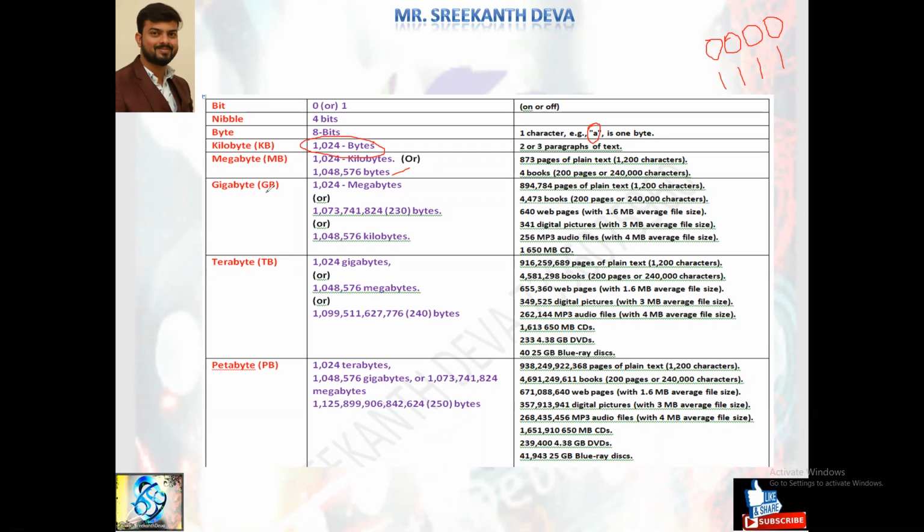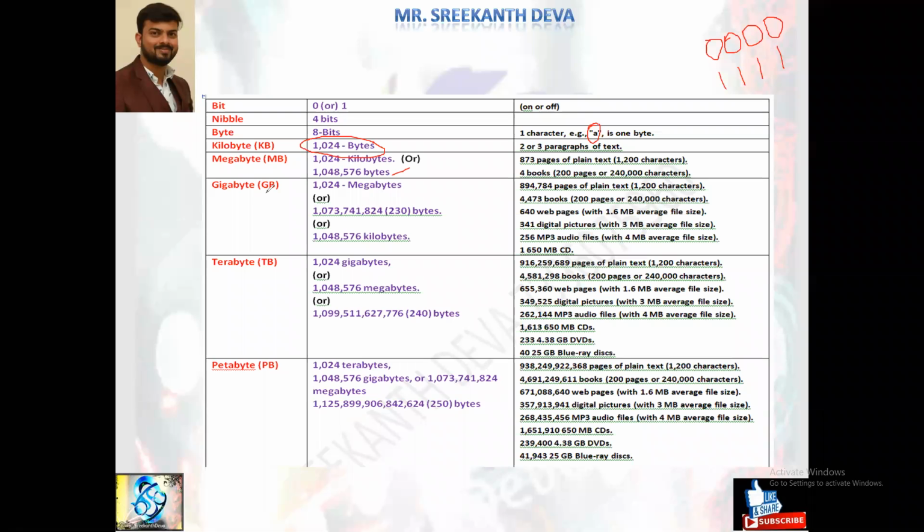In the market, 2 GB pen drives and 2 GB memory cards are available, 4 GB memory cards, 4 GB pen drives, 8 GB memory cards, 8 GB pen drives. In computers, 50 GB, 150, 250, 500 GB, different memory allocations are there.